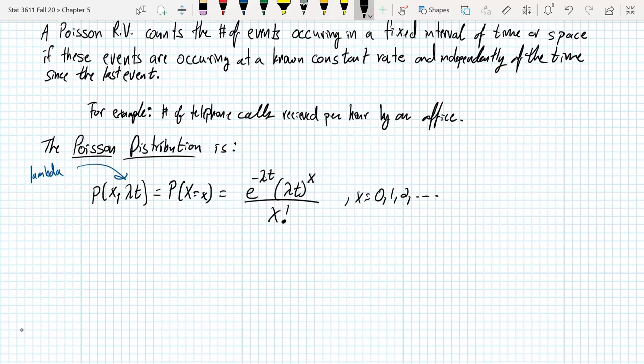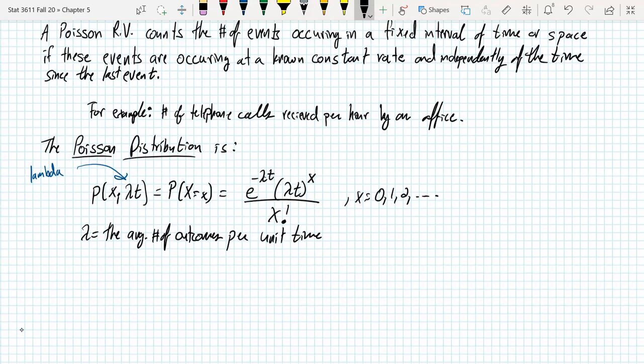So what do we have in this? We have T and lambda. In here, lambda is the average number of outcomes per unit time.